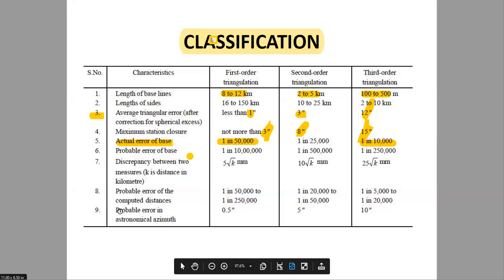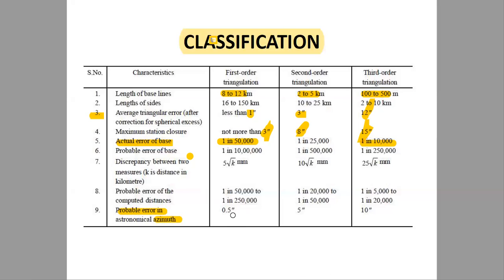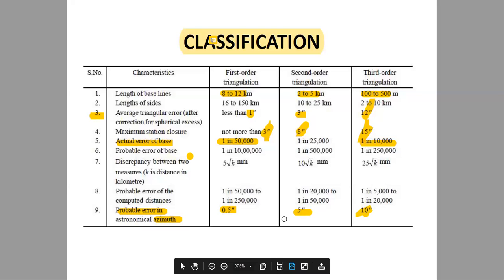Another important point that you have to remember is the probable error in azimuth, that is 0.5 seconds in primary order triangulation, 5 seconds in second order, and 10 seconds in third order triangulation. We all know that in triangulation, the azimuths are an essential part, because with the help of azimuths, we calculate the side lengths of the remaining sides of the triangle.